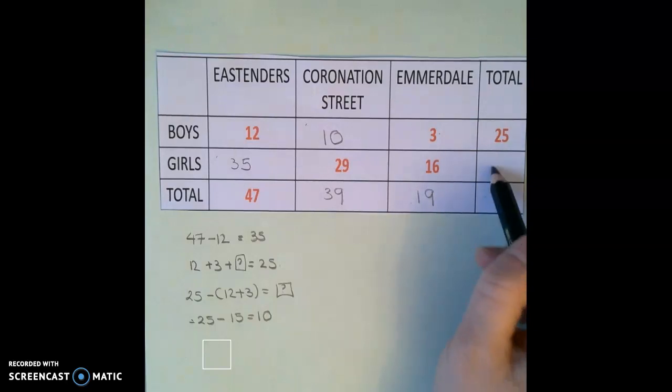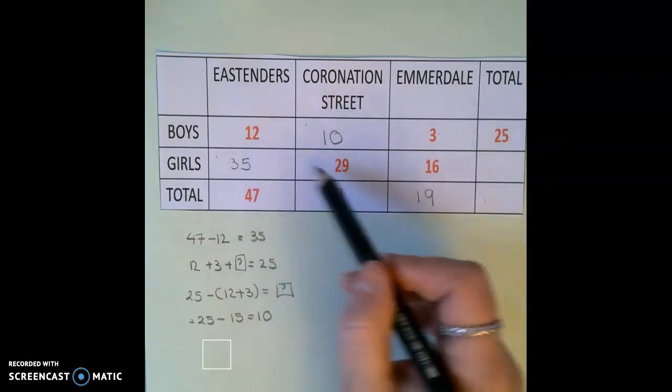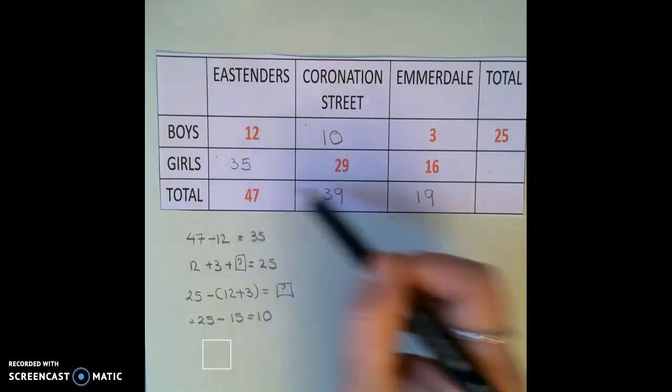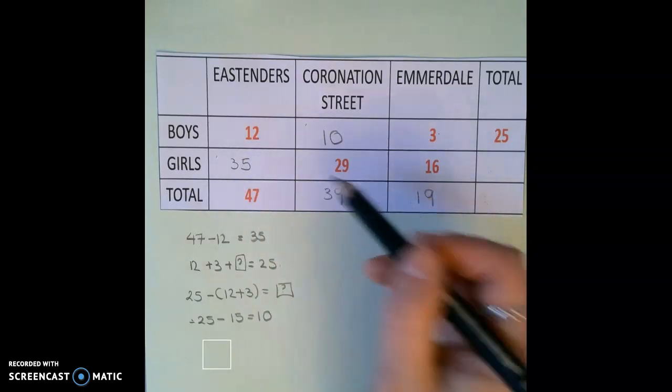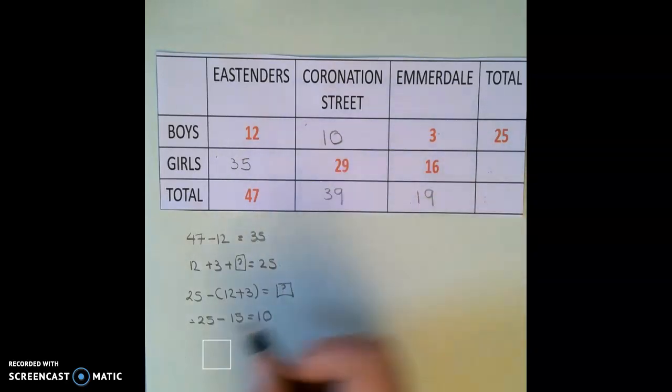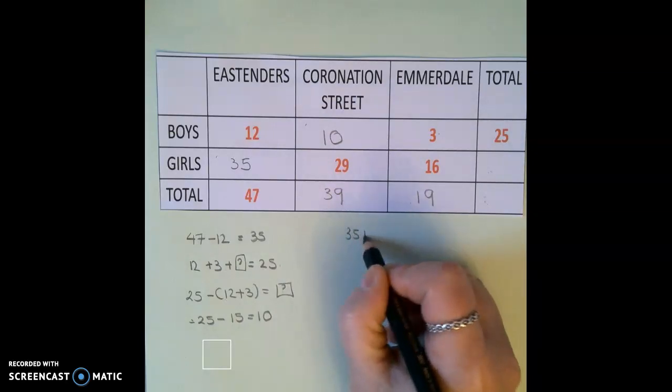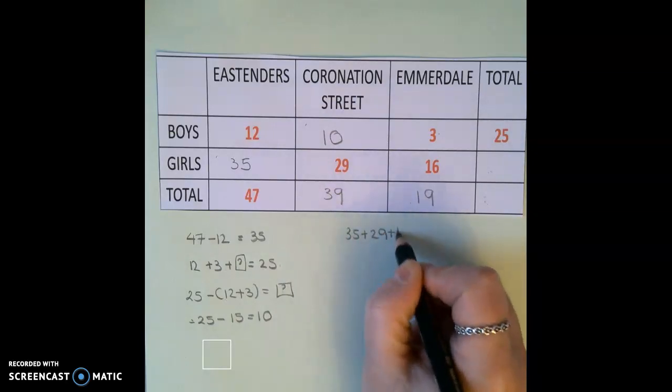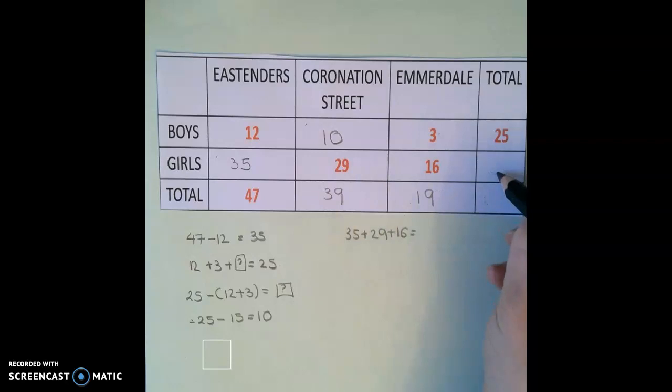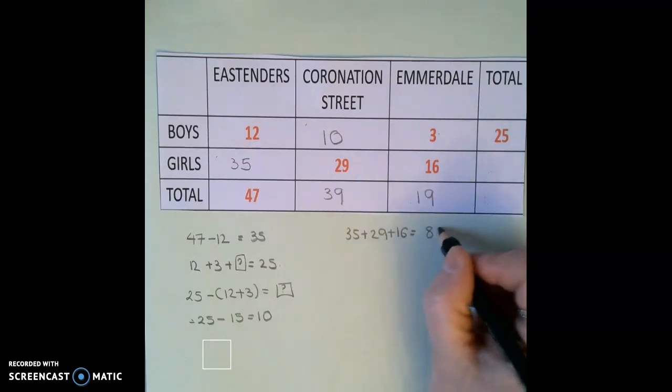Now we can work out these two by adding up this row and by adding up this row. So 35 add 29 add 16 equals this missing amount here, which is 80.